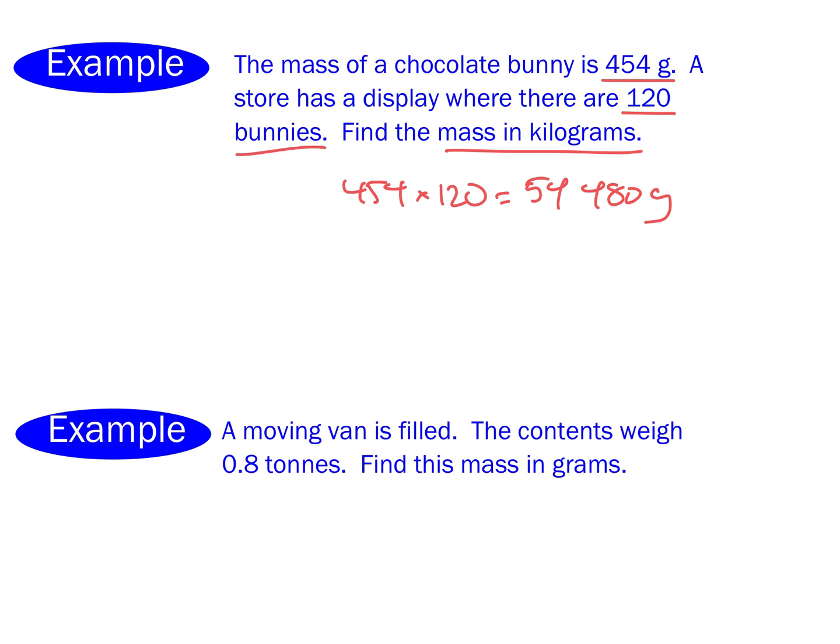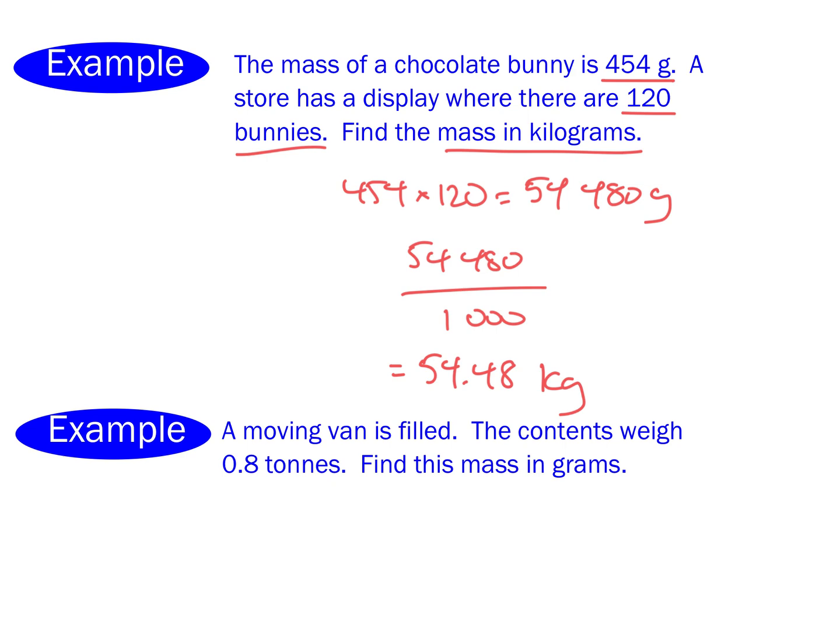Now, what we're going to do then is we're going to turn this into kilograms, and we do that by dividing by 1,000, because there's 1,000 grams in a kilogram. So when we do that, we get 54.48 kilograms.